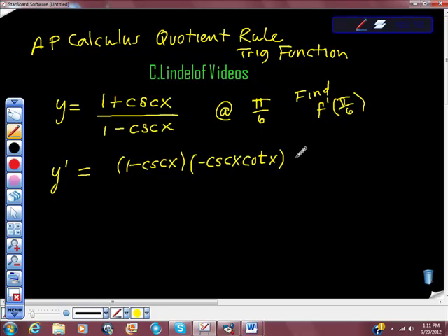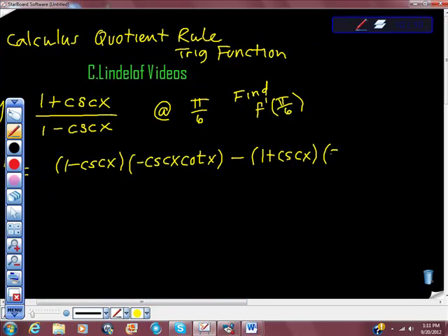And then from the quotient rule we have a negative sign here, and then we're supposed to take f of x, which is 1 plus cosecant x times g prime at x, and g prime at x, if you look at it, will just be cosecant x cotan x.